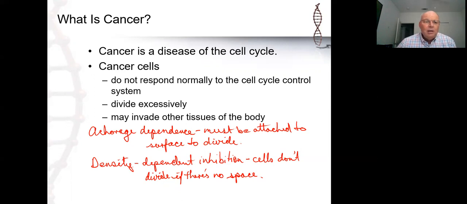And this is typically when a cancer becomes deadly, because the cells are now occupying space that really should be occupied by healthy tissue. They should not be there, but they're not obeying the density-dependent inhibition signaling. And that's basically what's wrong with cancer cells. They do not obey these signals that tell them don't divide.